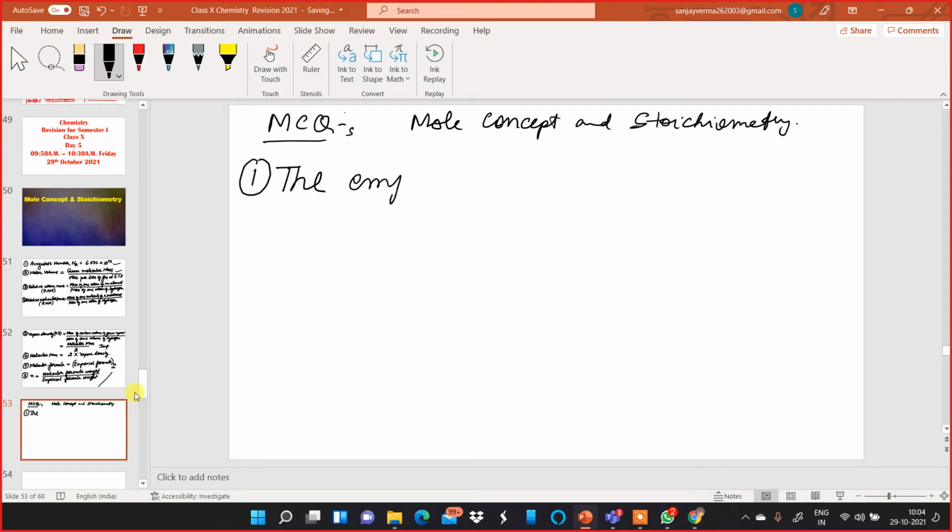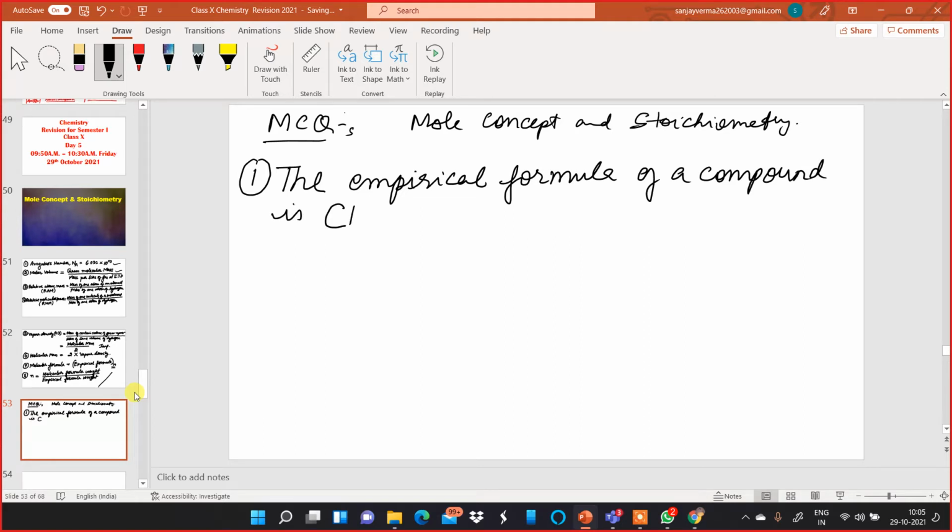The empirical formula of a compound is capital C, capital H. It is hydrocarbon. Full stop.